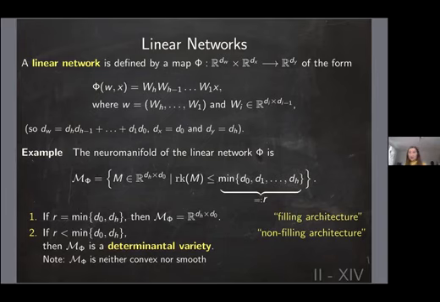Maybe a quiz question. I guess many people know what is actually the singular locus of the neuromanifold. It's all matrices that have even smaller rank. So you have some sort of nice rank stratification in this geometric object. Okay, so that was my startup setting.